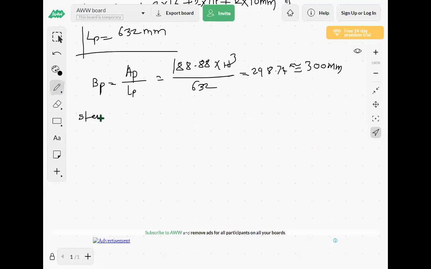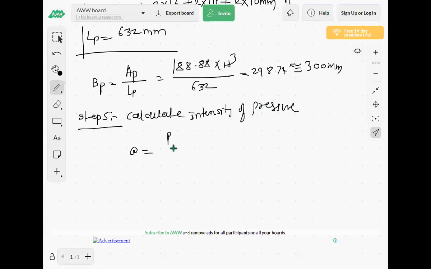Now step number 5: calculate intensity of pressure. Intensity of pressure, that is w. How to calculate intensity of pressure? P divided by area of plate provided. P is 1700 into 10 raised to 3 and area of plate provided is 632 by 300.